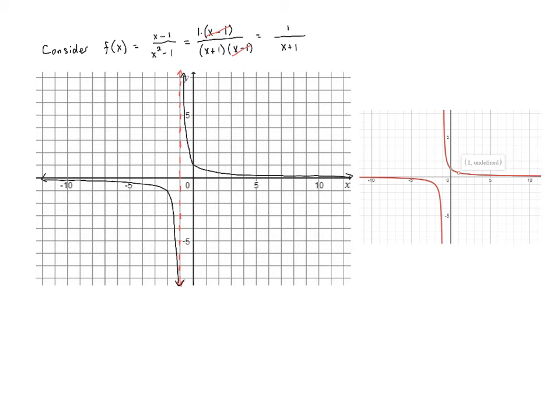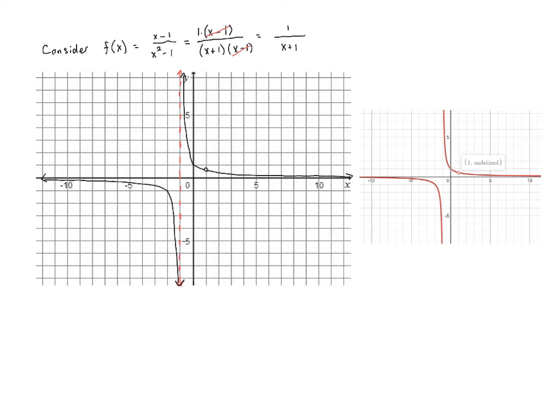And Desmos doesn't actually show you this unless you hover over that point. But what happens is this original function is not defined when x equals 1. So in the end, there's actually going to be a hole in the graph there, which we can denote by putting a little open circle there.